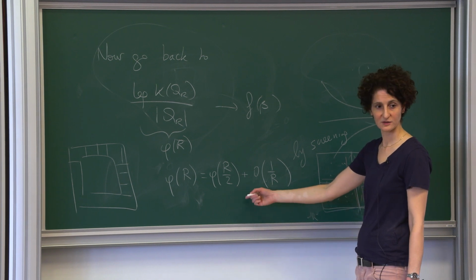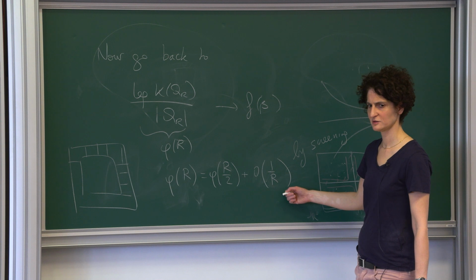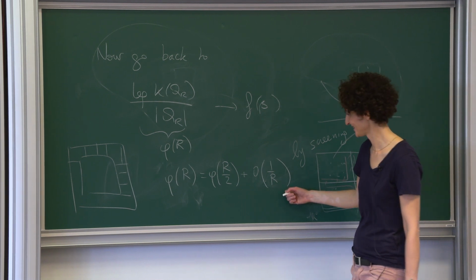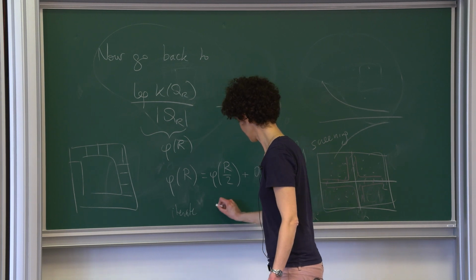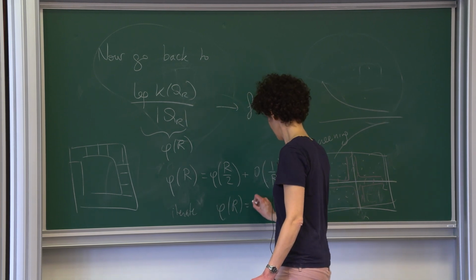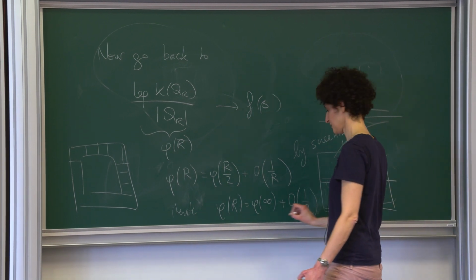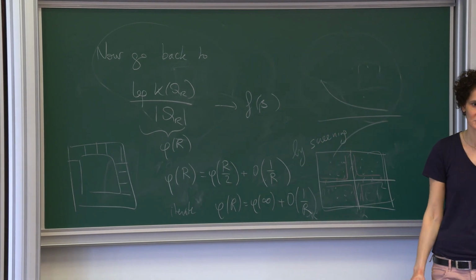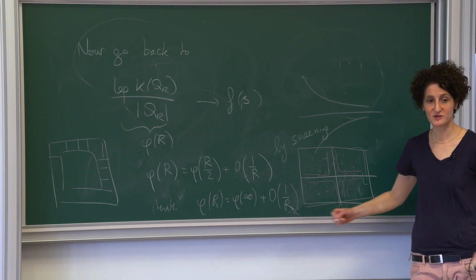Now you iterate that. So whenever you double, you add an error like that. So you have to make a series, I think. So you iterate that, and you find that phi of r equals phi of infinity plus O of 1 over r. So now you do it the other way.